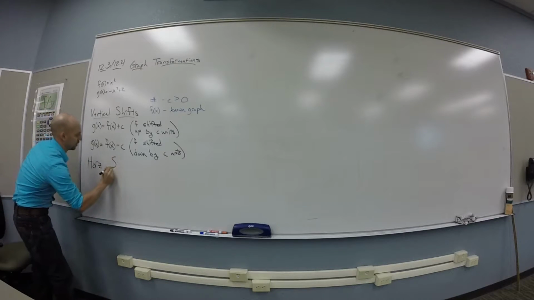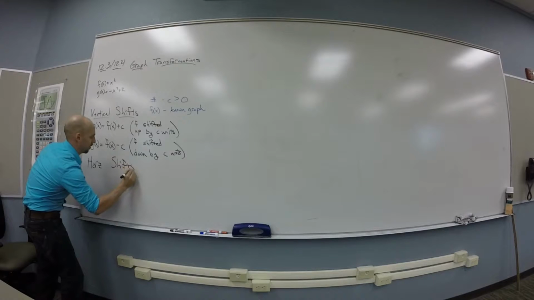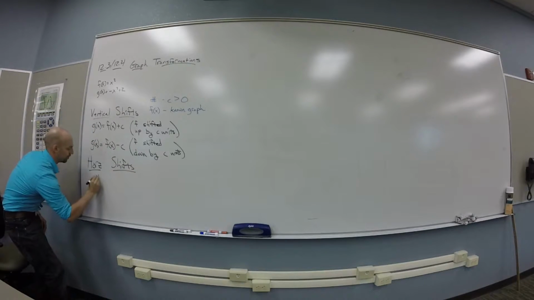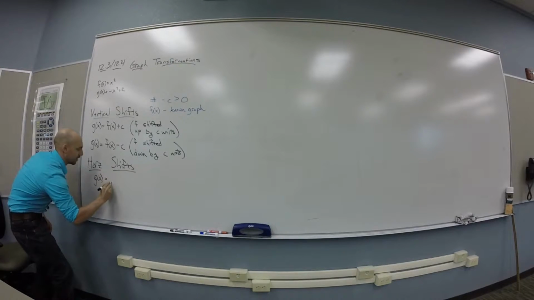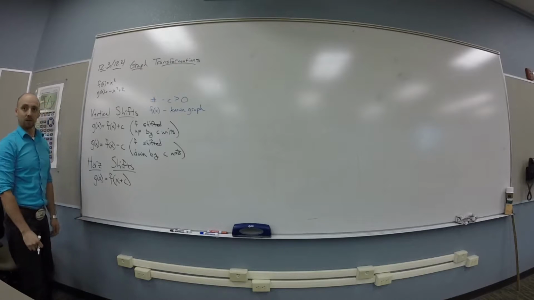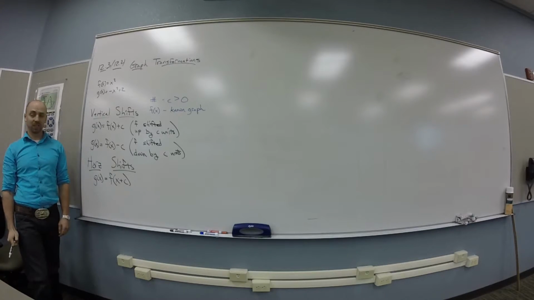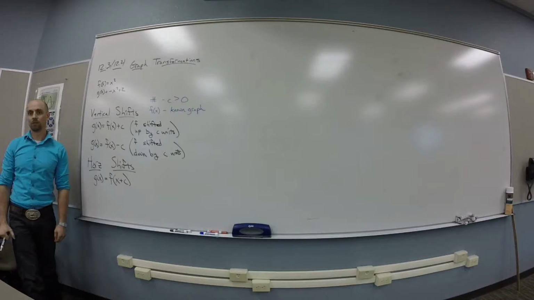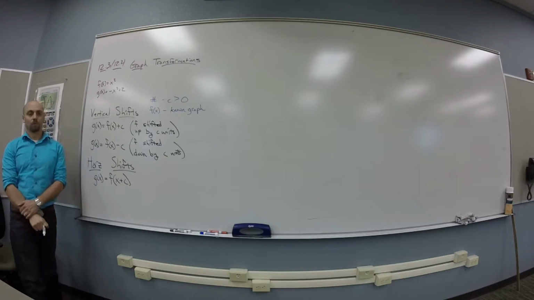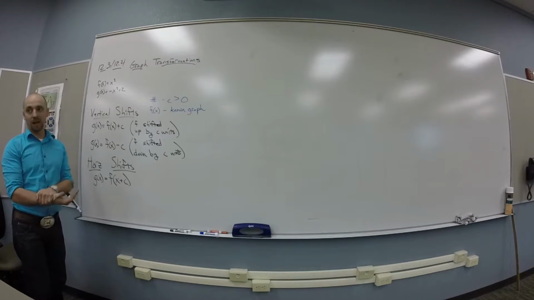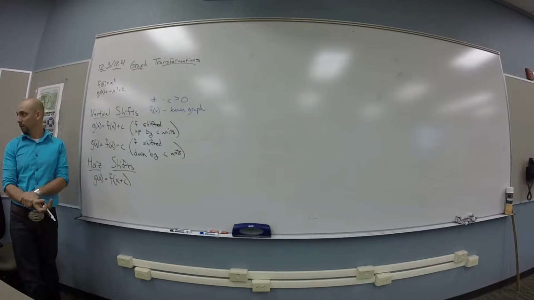Horizontal shifts. Okay, these are g of x is f of x plus c. You guys see the difference between these? Yeah, it's really, am I doing the rule f and then adding c, or am I adding c and then doing the rule f, right?